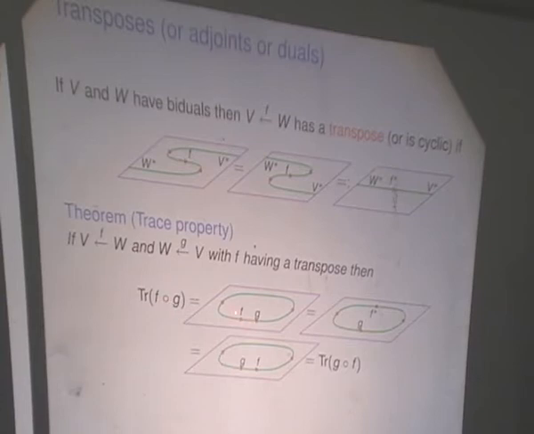So the idea is that F has a transpose, so we can move this F around here by using this condition. So what we need to do is draw this and get this right.